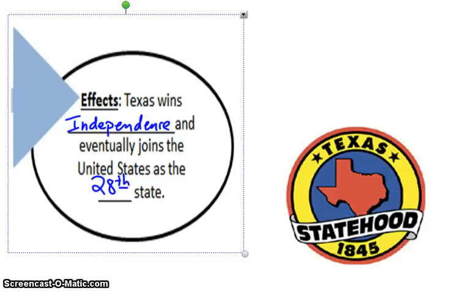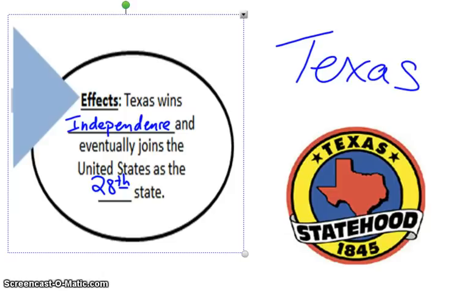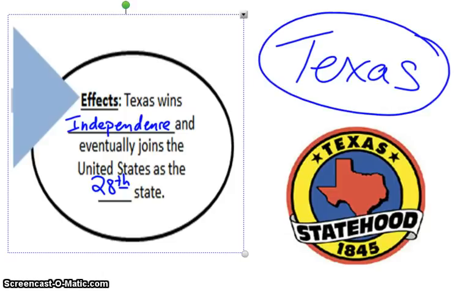That concludes the first phase of the war. So the beginning of the war is all about Texas and how the United States adds Texas to its country. That takes us into the second phase of the war.